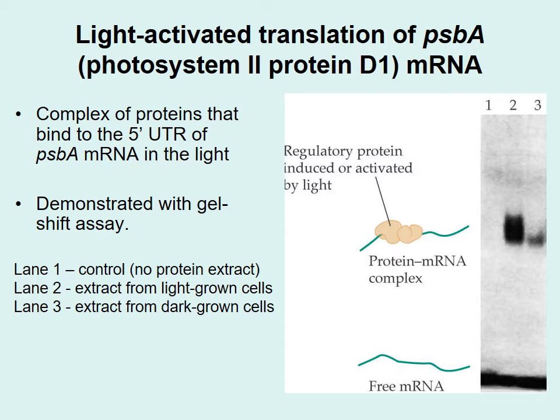This is just water, or just the reactants that are used for the extraction of protein, added in this lane. Lane 2 is the extract from the light grown cells, and lane 3 is the extract from the dark grown cells.